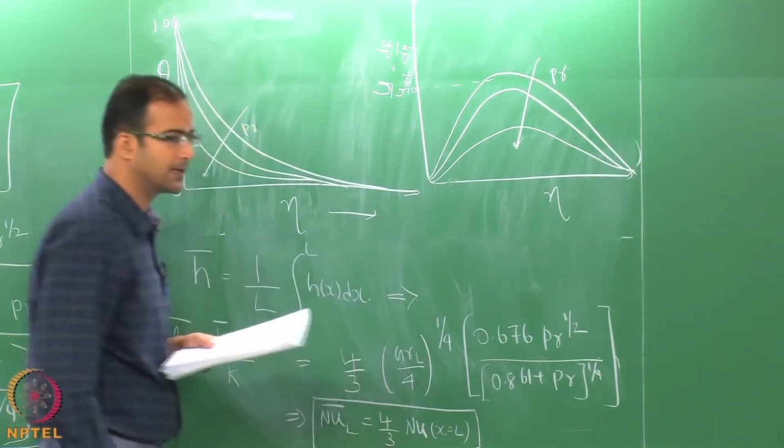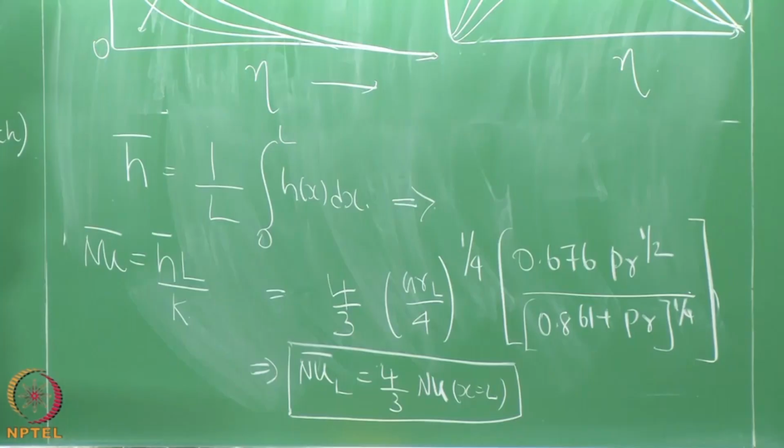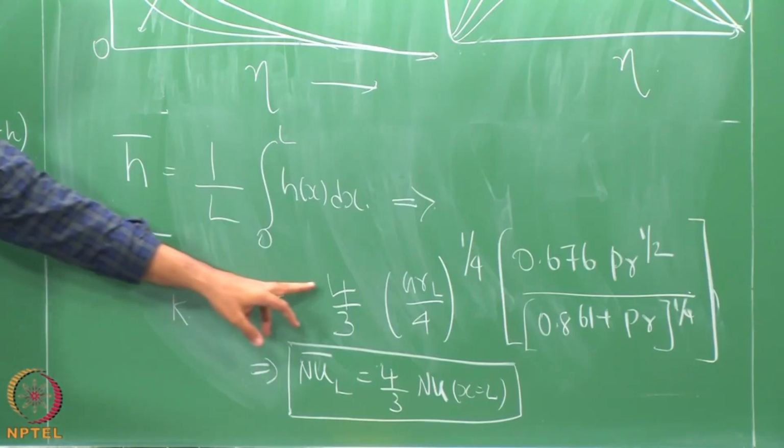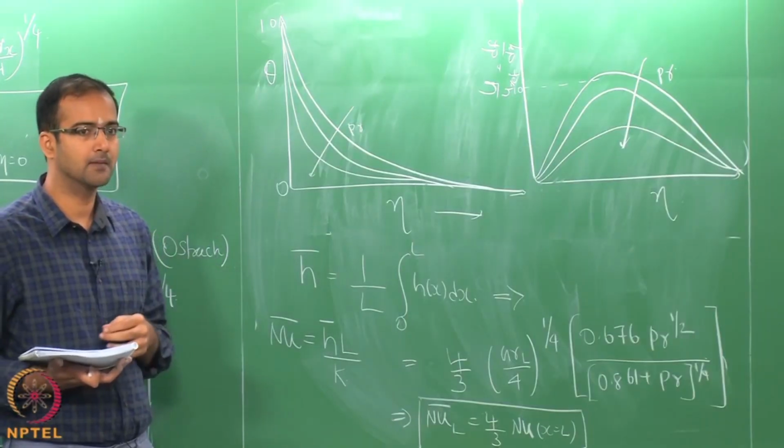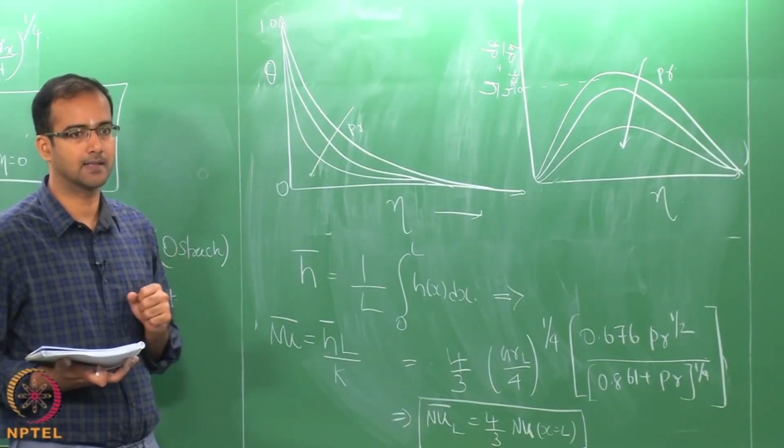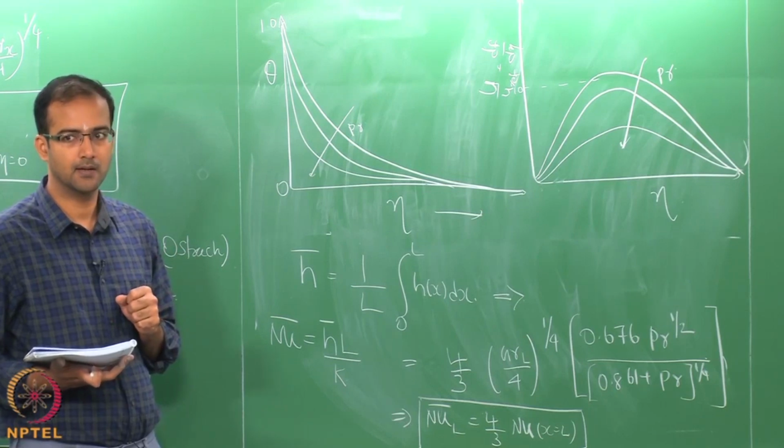So, if you complete this exercise, you will find that you will have 4 by 3 into Grashof number. Now, this Grashof number will be defined based on the plate length. Okay.